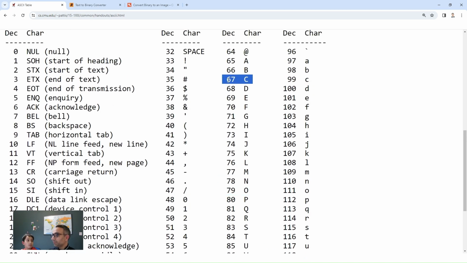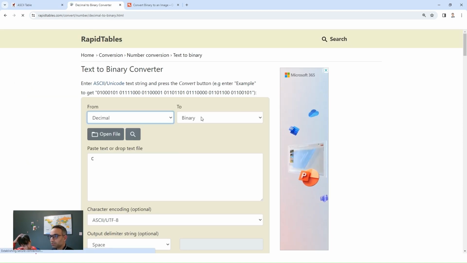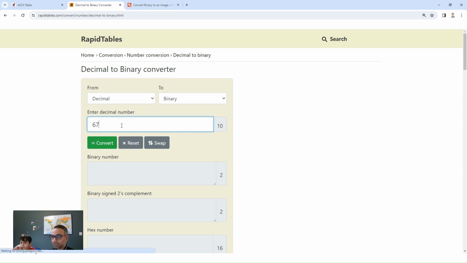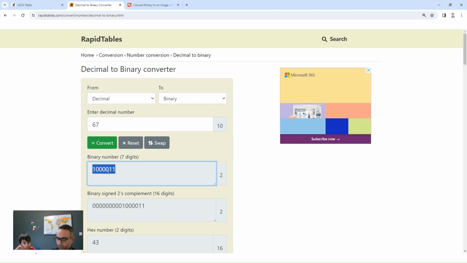And if I convert 67 decimal to binary, its binary number is the same. So how will the computer know, because the computer has just stored 1010, but how will the program know that it has stored C or the real 67 decimal that it wants to interpret?